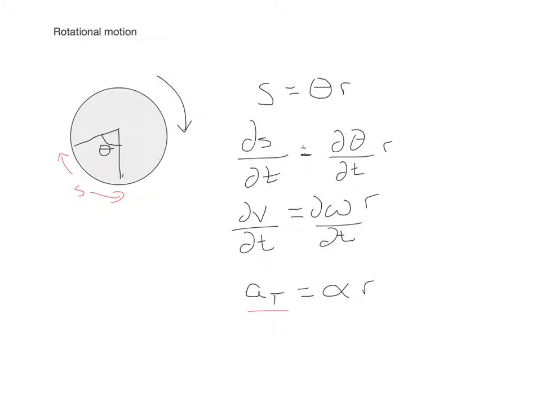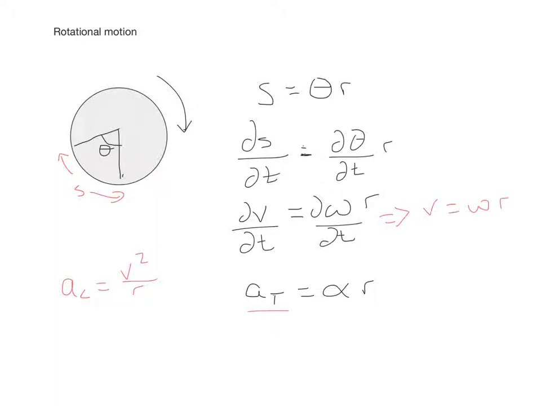For centripetal acceleration, we have to use that it's v squared over r, and that v is equal to omega r.